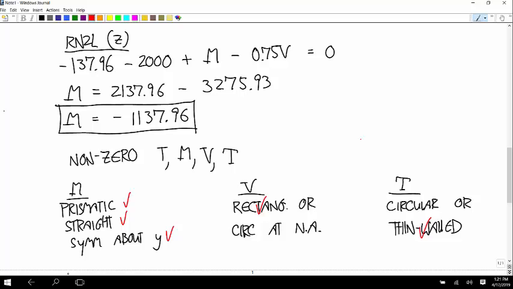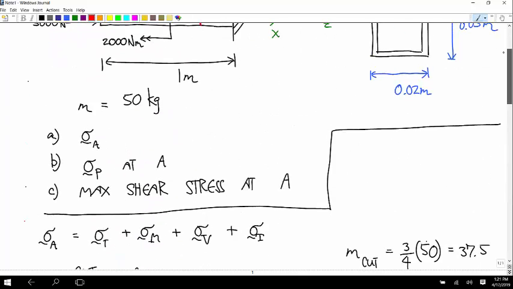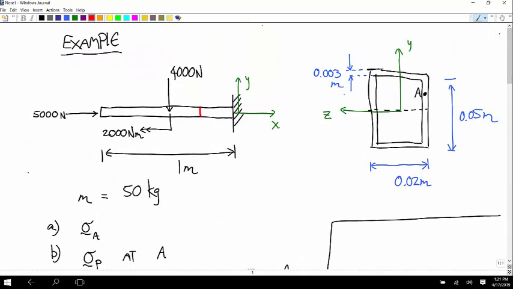Yes, that's a good question. So, for example, what if this wasn't symmetric about the y-axis? Then we wouldn't be allowed to use this to calculate the stresses due to bending moments. But what if the point we were interested in happened to be on the neutral axis?